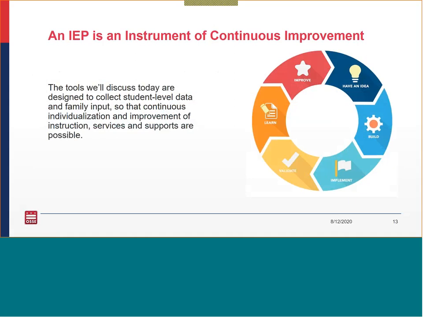Just a reminder that an IEP is a continuous improvement instrument, and the instruments that I'm going to share with you today feed into a continuous improvement instrument for your systems and your programming. The tools we'll discuss today are designed to collect student-level data and family input so that you're able to continuously individualize and improve individual students' instruction, services, and supports.